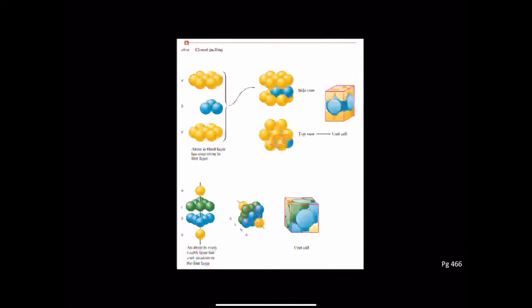Here's another way that they could be packed as well. And you can see that they have different layers, essentially different ways that they are packed. So you've got this little triad here that's packed into those spaces there. And so there are different ways of them packing as well.